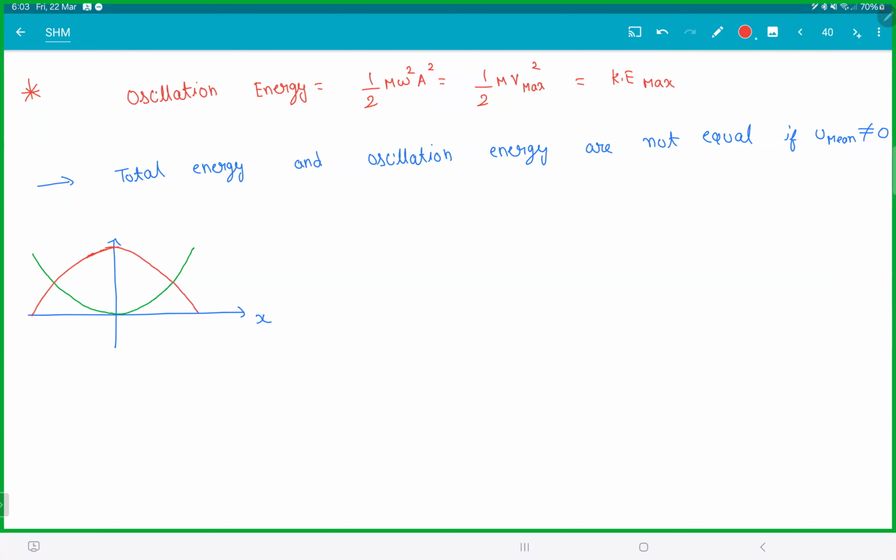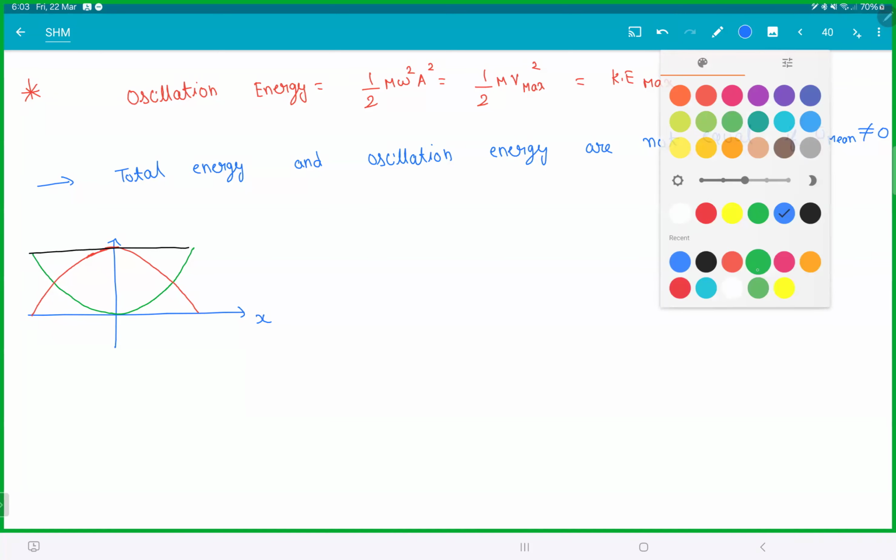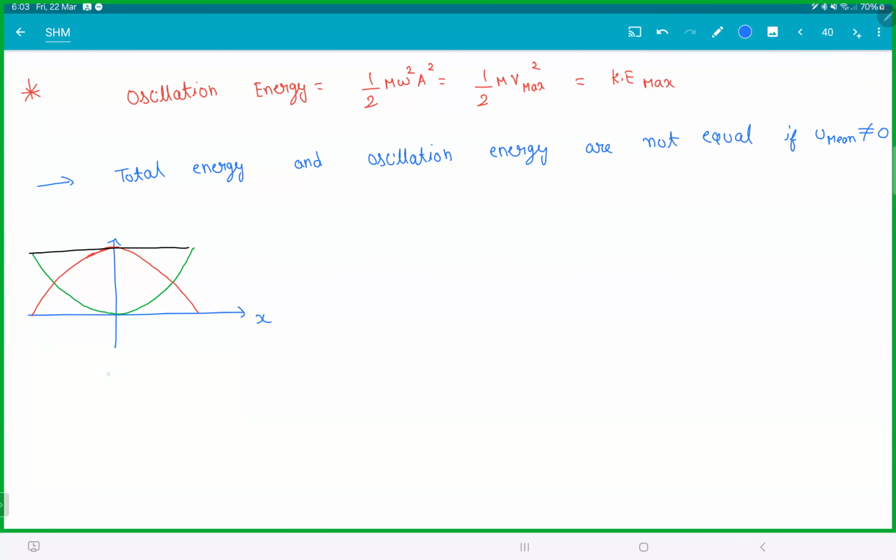They gave 3 graphs like this, and they asked which graph is potential energy, which is kinetic energy, which is total energy. The black one, the green one, and the red one. In this, who is potential, who is kinetic, and who is total? This is the case where U mean is 0. Total energy is constant, so the black line is total.